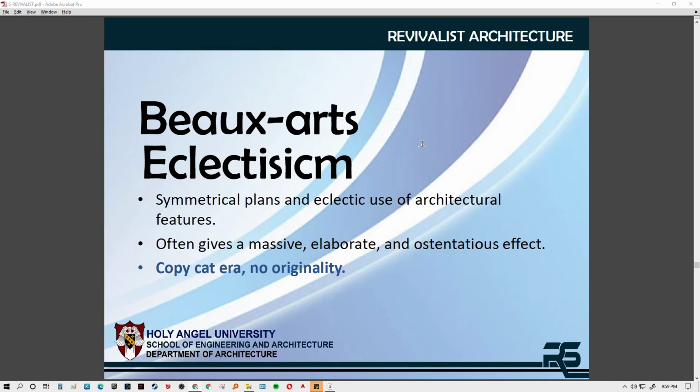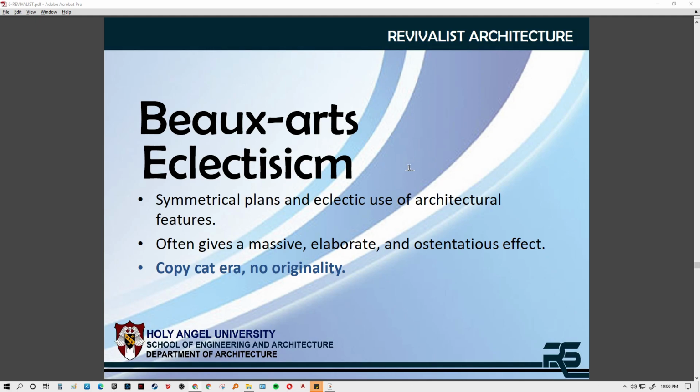So we have the Beaux-Arts Eclecticism. We will dissect this in a while. It is symmetrical plans and eclectic use of architectural features. Often gives a massive, elaborate, and ostentatious effect, and it is also called the copycat design, for it has no originality, just copying the old styles and reviving or simply adapting them.